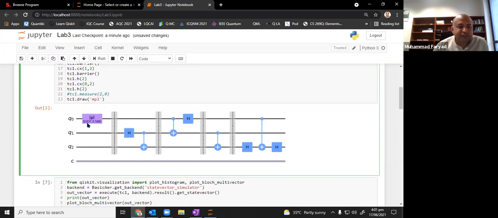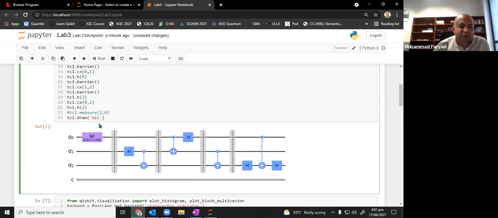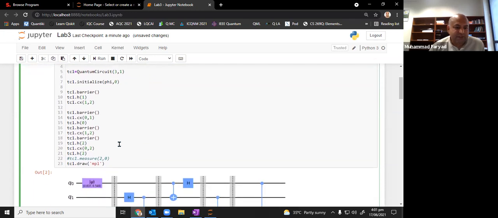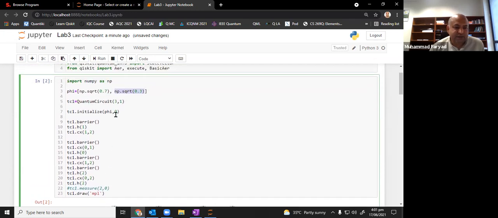You do see that it's written 0.83 here and 0.54, simply because this term is not 0.7. This is the square root of 0.7, and this is the square root of 0.3. And I defined it in this way because I need to make sure that my A squared plus B squared is 1. So if I define it through square root, I know 0.7 plus 0.3 is 1. So their square roots squared will be 1. Anyway, so now I have initialized this Q0 here.